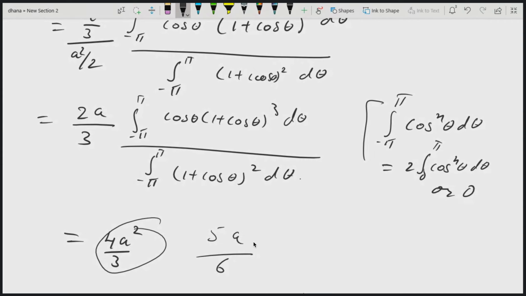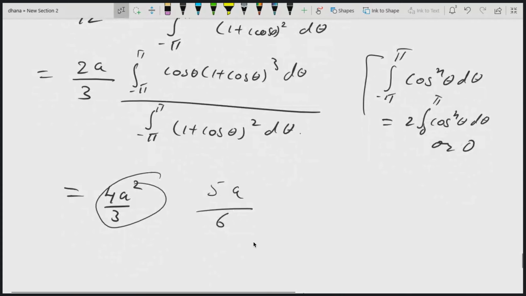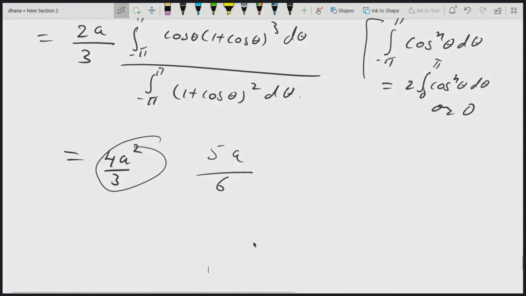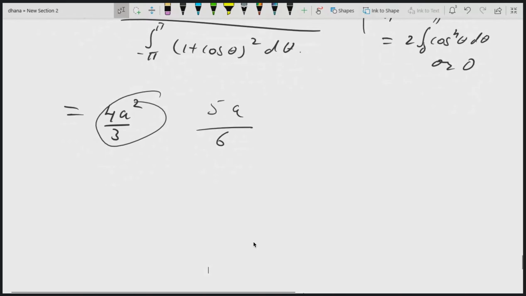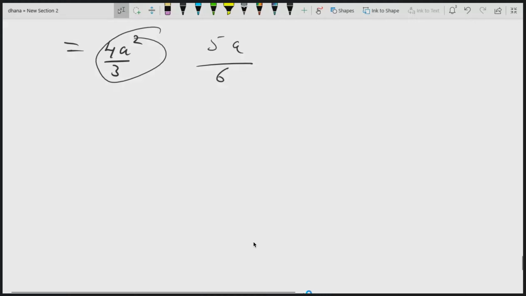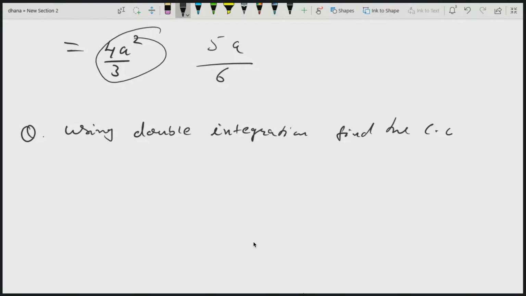Okay, note down one problem. Using double integration, find the center of gravity of a lamina in the shape of a quadrant.